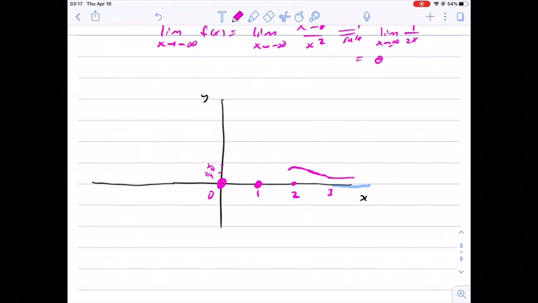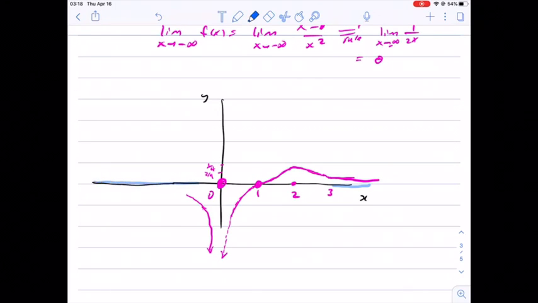And since as x goes to infinity, the function approaches 0, and then we need to intersect the x-axis at this point at x equals 1, and then the graph goes to negative infinity here as x approaches 0 from the right, and the graph goes to negative infinity around the 0 from this side.